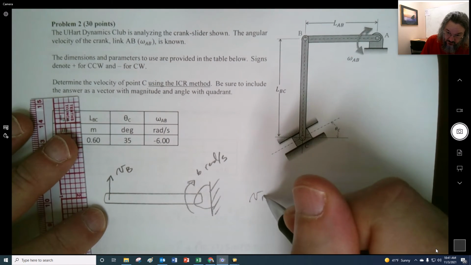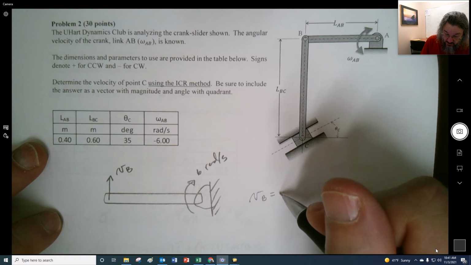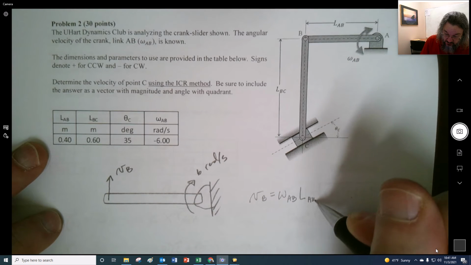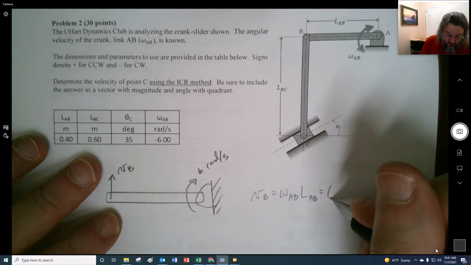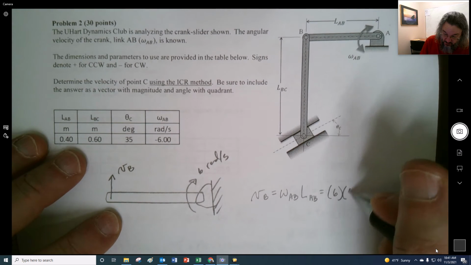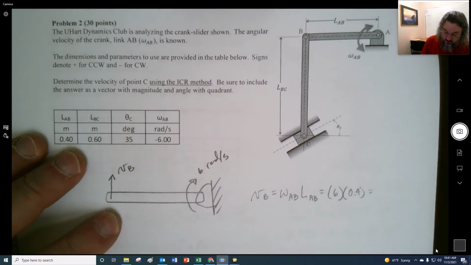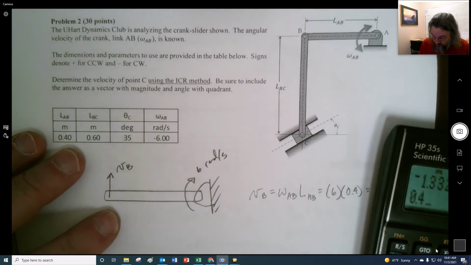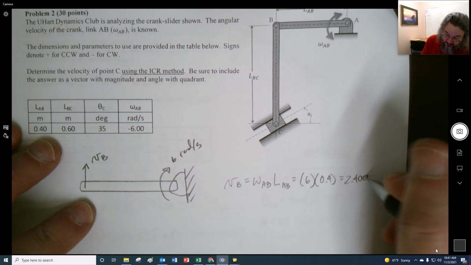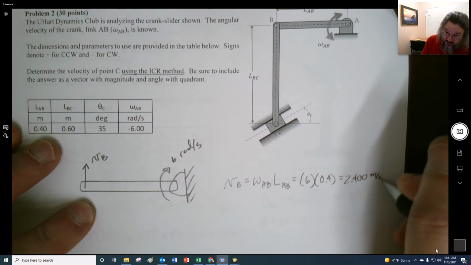And the velocity of B is going to be omega AB times L AB, or 6 times 0.4. I think I could do that in my head, but I'm going to do a calculator anyway. 2.4. And these are meters per second.